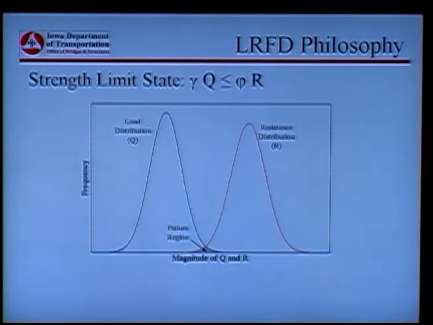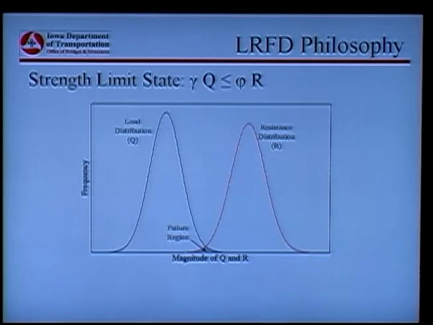As we know, every time we estimate loads or resistance, it's not going to be a single number. It's going to be a variation of resistance, variations of load. Right? So we can characterize them in a distribution that looks like this. So you have a distribution of load as well as the distribution of resistance. Okay? And the two main parameters that describe the distribution are the mean and the standard deviation.